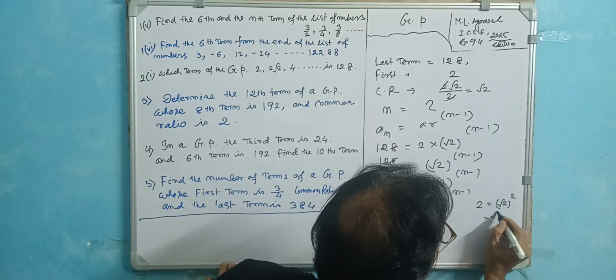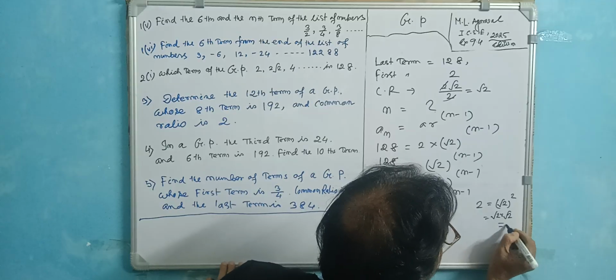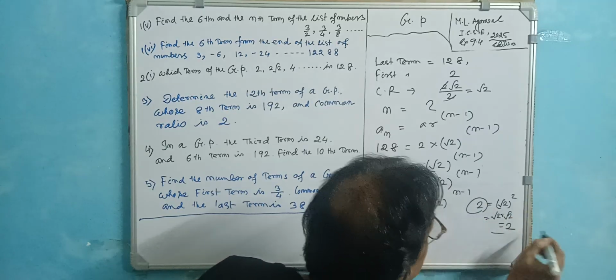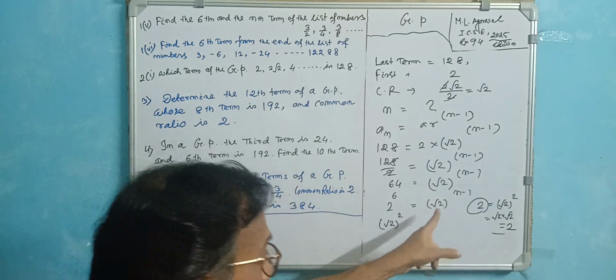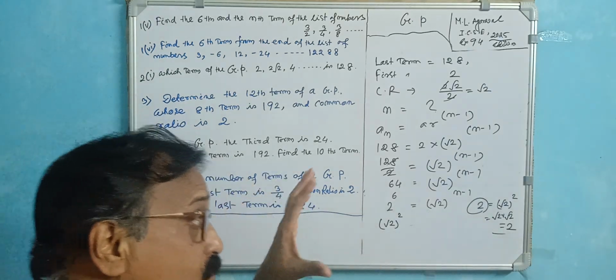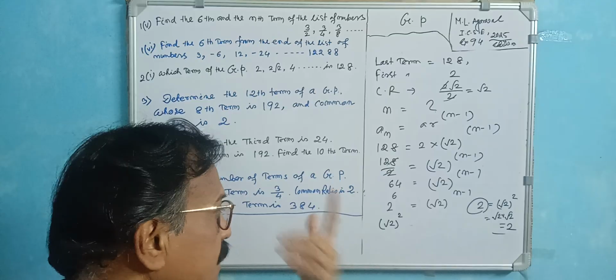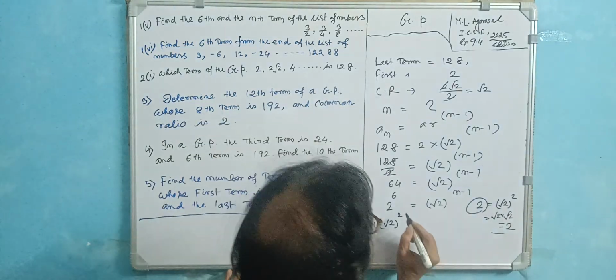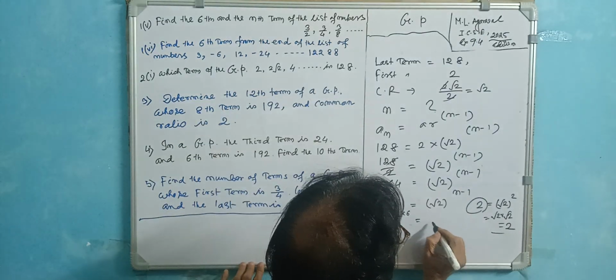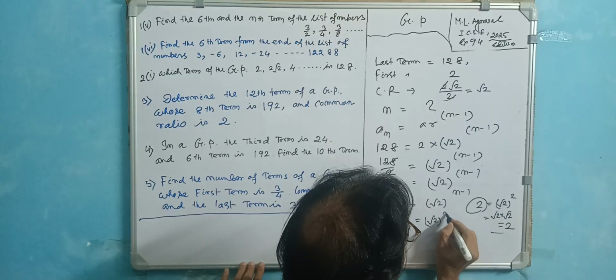Why? Because root 2 into root 2 is ultimately 2. So you write 2 in this way. Why? The base here is root 2. For that reason, this is the indices, this is the exponent, and this 6 is here. No problem. This is root 2 to the power n minus 1.